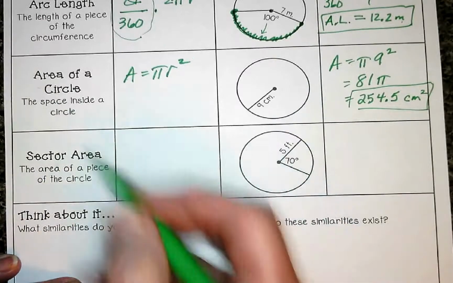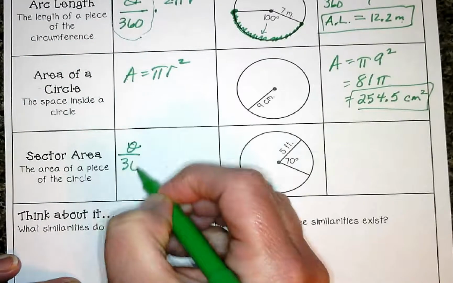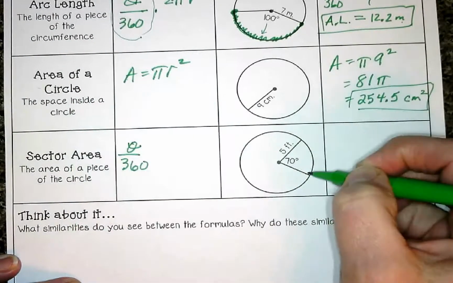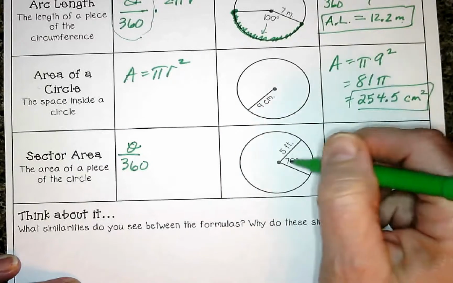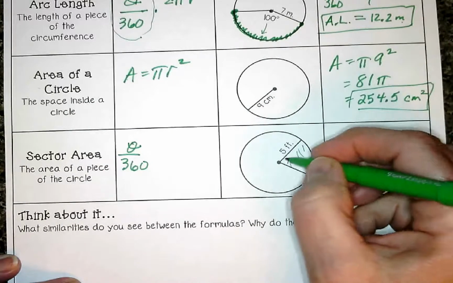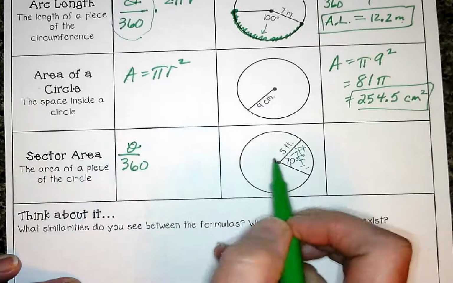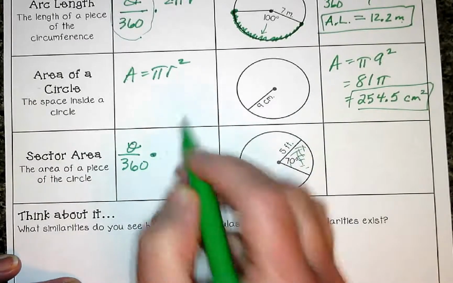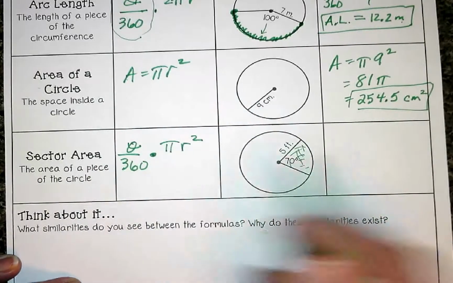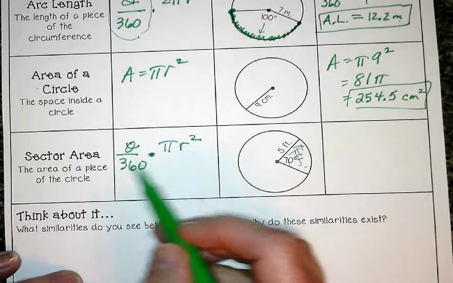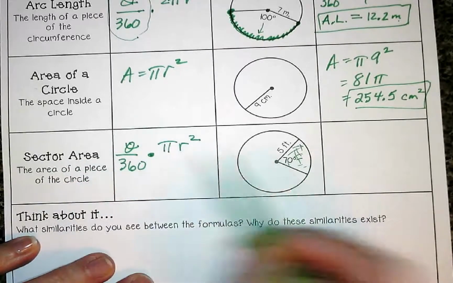Just like we did up above, that fraction or part is going to be how many degrees out of everything is the sector we're talking about. Like this one, we're talking about just this little piece right here. But it's that fraction of the whole thing, which is pi r squared for area. So a fraction of the whole area will give me the area of just this little piece.